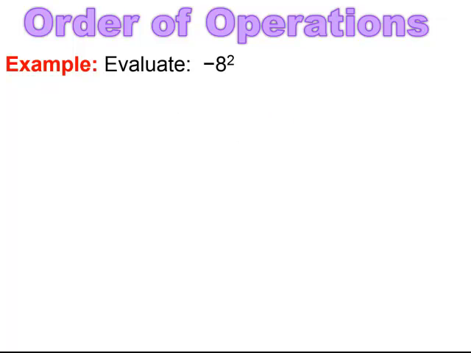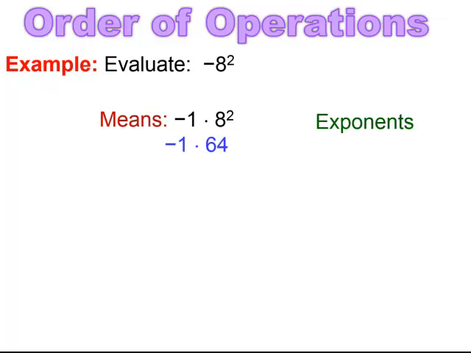If you see something like this with no parentheses, what that means is I'm taking the 8 and squaring it, not the negative. So I really have a negative 1 being multiplied to that 8 squared. In order of operations, I have to do that square first because it has an exponent, so I do the square, which is 64, and then I would do the multiplication of that -1.